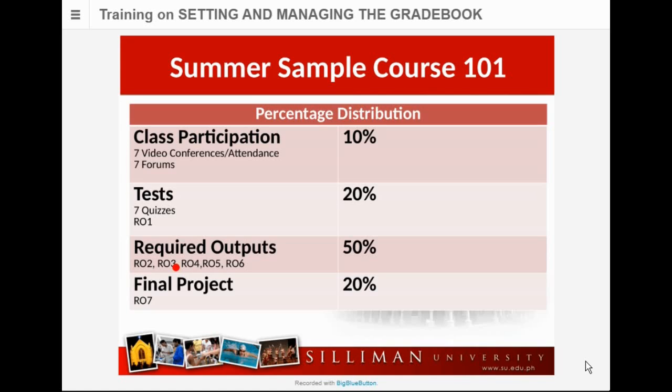Okay, so this one, we have our parent category, the child, and then the points accumulated. And then you have your course total. Okay, so that's it in the view part of the gradebook.